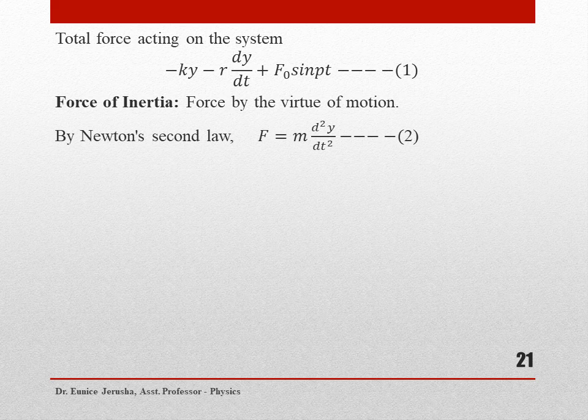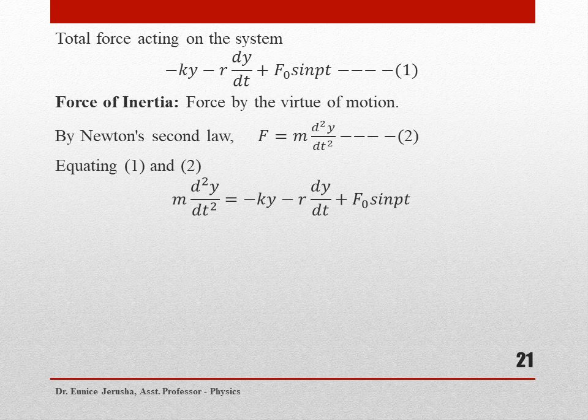And for equilibrium to be maintained in the system, we equate equations 1 and 2, and we now have this expression: m d square y by dt square equals minus ky minus r dy by dt plus f naught sin pt. We divide the above equation by m, and we have now d square y by dt square equals minus k by m y minus r by m dy by dt plus f naught by m sin pt.